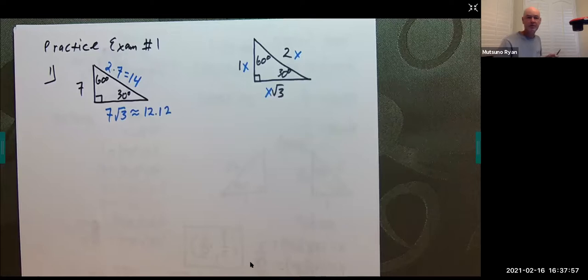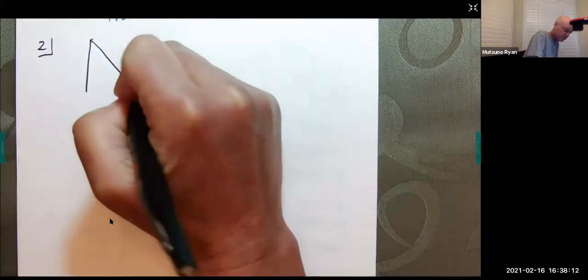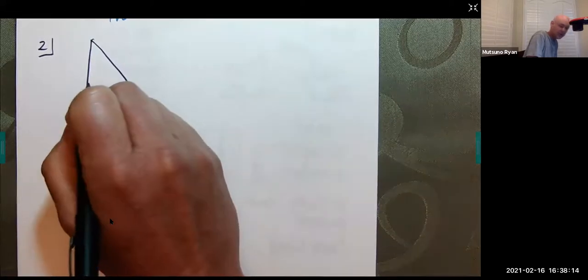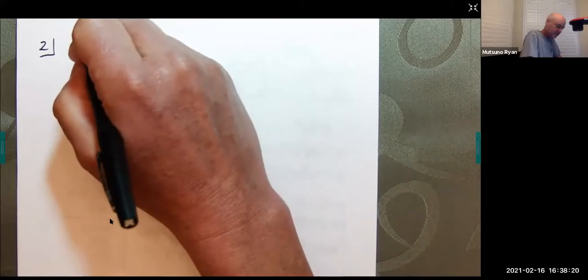Let me adjust the camera. Problem 2 is we have a triangle over there, and they're labeling this angle A, angle B, angle C. And the side opposite is going to be the lowercase.